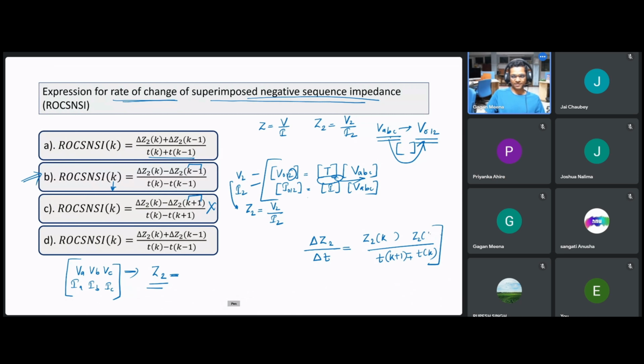So this is k and this is k minus 1, tk minus 1. So we have to subtract the current negative sequence impedance at the current time instant from the previous one, and we will get this rate of change. So this B option is correct. Is it clear?